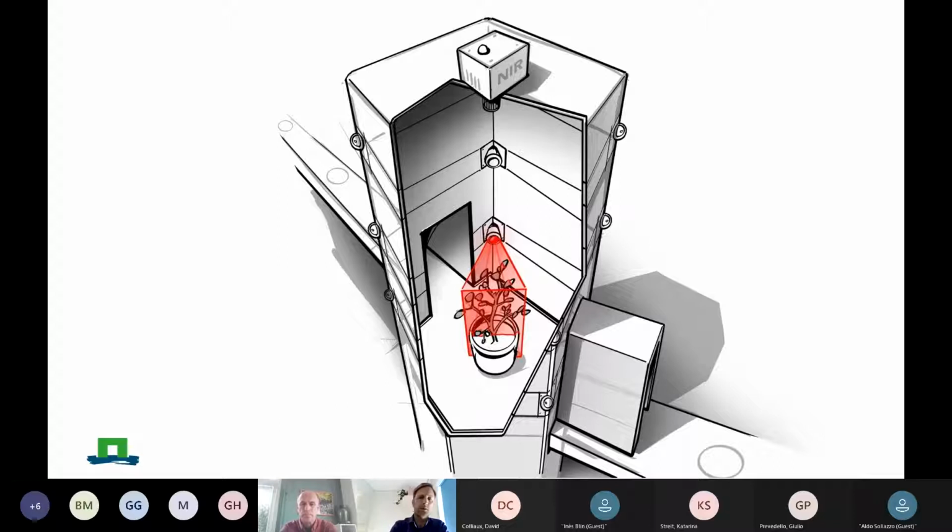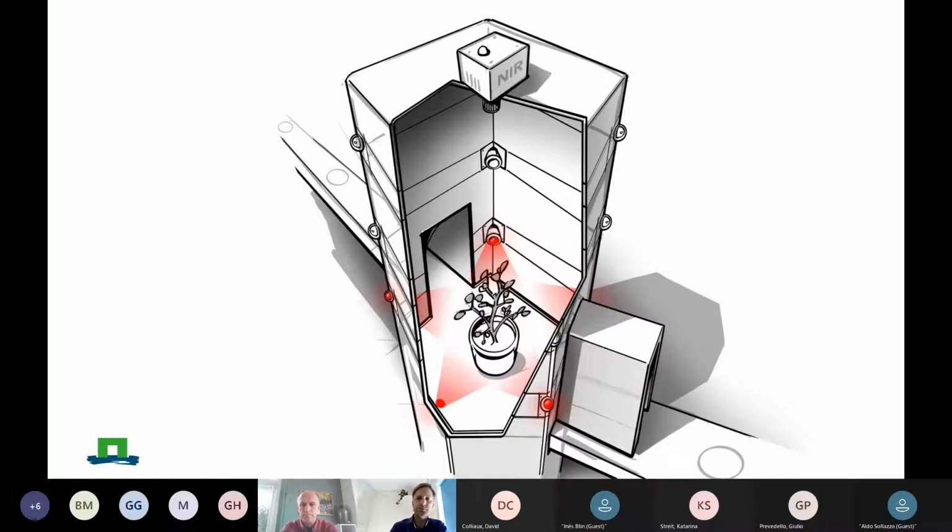You can say each camera is focused on a measurement spot in this cabinet, and all cameras take a picture at exactly the same moment in time, so the plant does not even need to stand still. So you could do it on a moving plant conveyor approach.